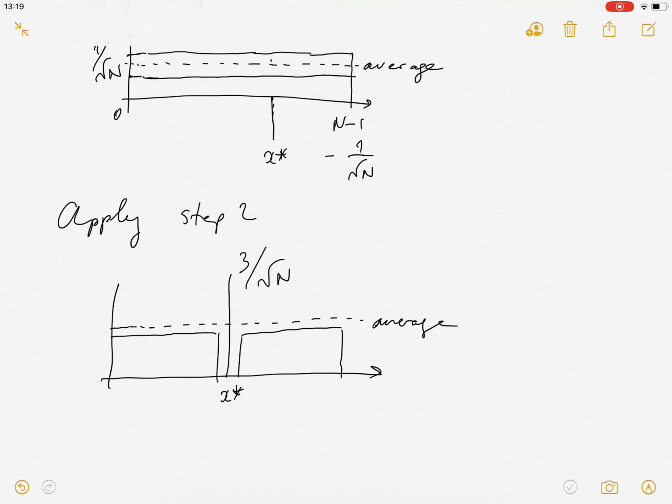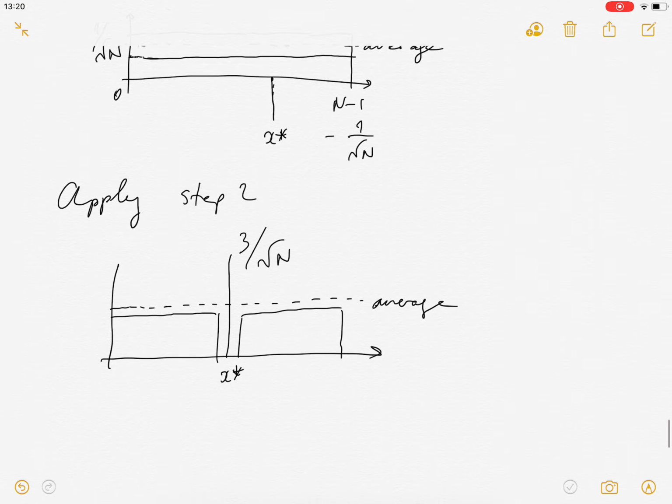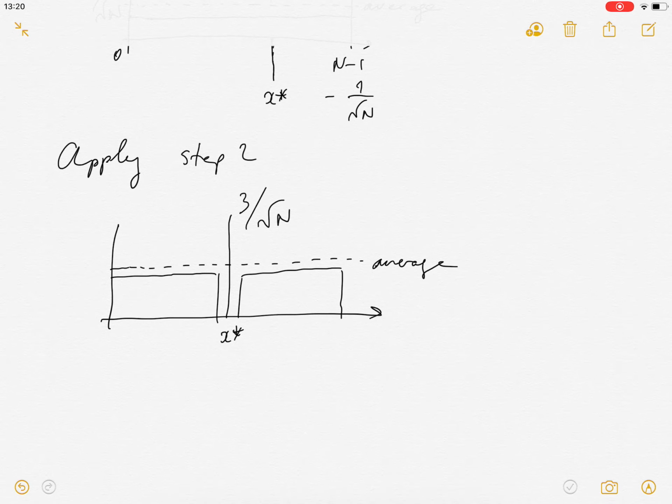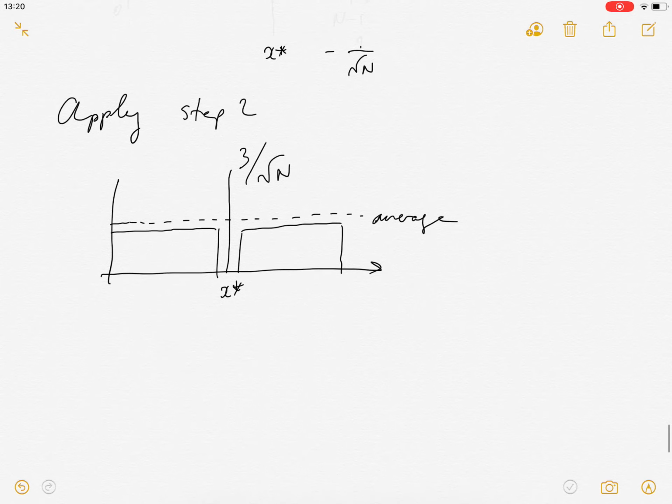So the amplitudes of the non-key values will go even lower than the previous step, and the amplitude of the key value will go higher. This is how we control the amplitude of the desired state that we want to find. So we lower the amplitude of the non-key values, but we amplify the amplitude of the key value.